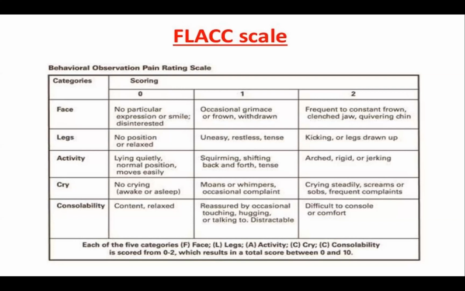Are they throwing their hands around? Are they crying? And if a child is crying, can they be consoled by their guardian or not? So again, the minimum score is 0 and the maximum score is 10. So basically, between 0 is no pain, between 1 to 3 is mild, 4 to 6 is moderate, and 7 to 8 is severe. Next.